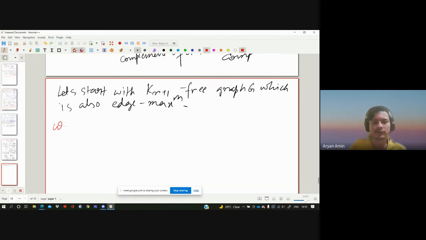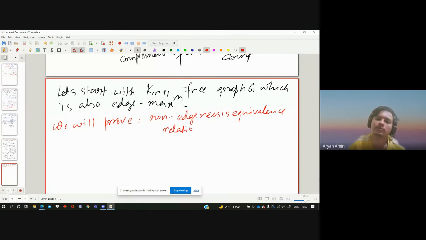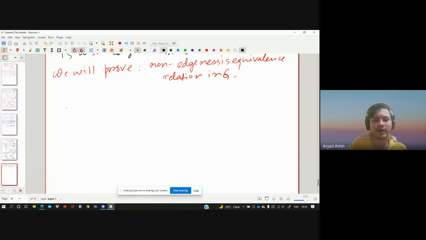So we will prove non-edgeness is an equivalence relation in G. What we basically need to prove is, here this symbol denotes non-edge.